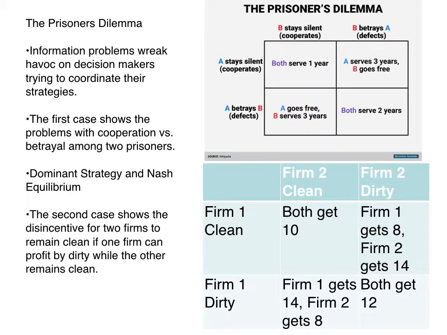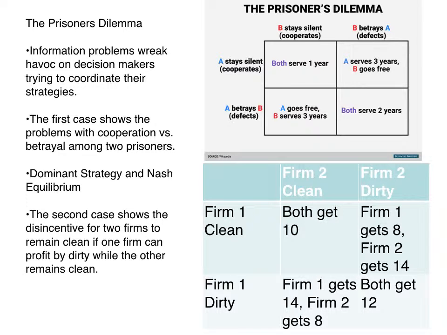So if both firms are clean, they would both get a profit of 10. But unfortunately, firm 2 has an incentive to be dirty while firm 1 is clean, and in that case, firm 2 would get 14 while firm 1 gets 8. So firm 2 is being a good citizen, but is costing them more.